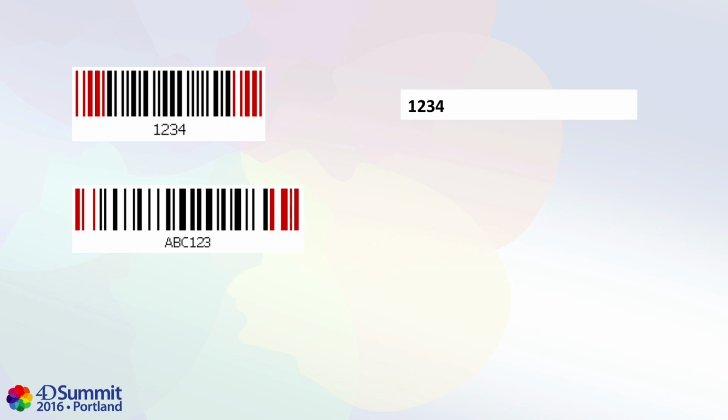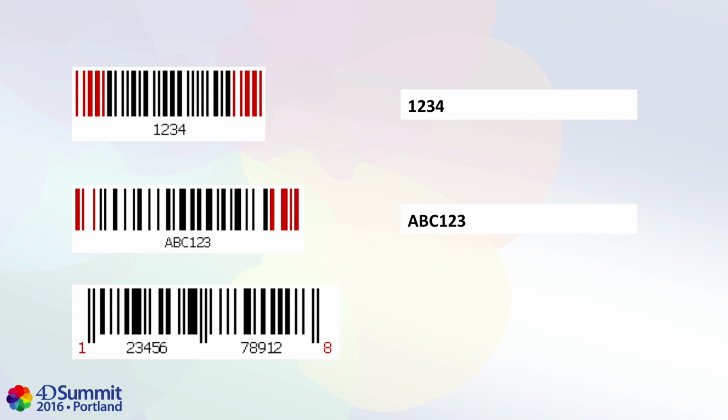For this example, it's all uppercase. So when it's scanned, it'll read back ABC 1, 2, 3. And the final one is the UPC, which is the example here. That is a 12-digit number, and you can see that it will read back 1, 2, 3 up to 128. So I'm going to give a demo on that particular app for this device.